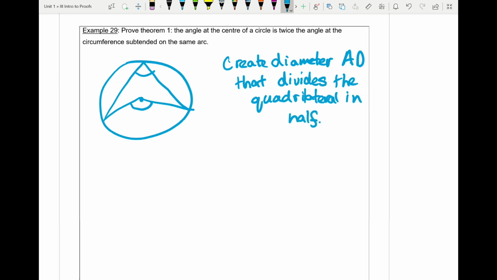All right, so this sort of funky looking shape here is a quadrilateral. It's got 4 sides. We want to create a diameter that divides that in half. It might not be exactly in half, but in our case, it is.